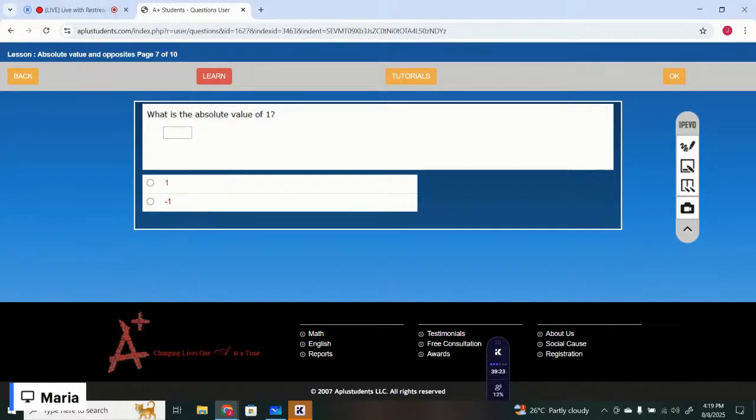What is the absolute value of 1? The absolute value of 1 is 1. Option number 1 is the correct option.